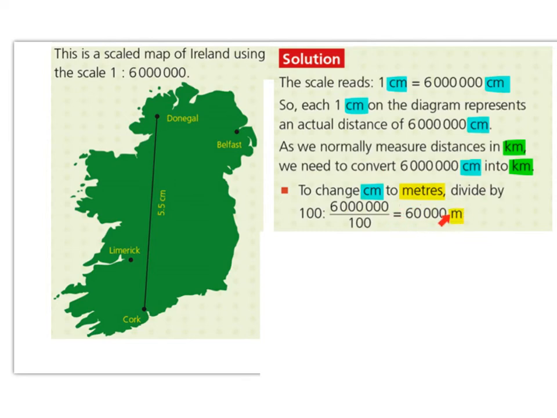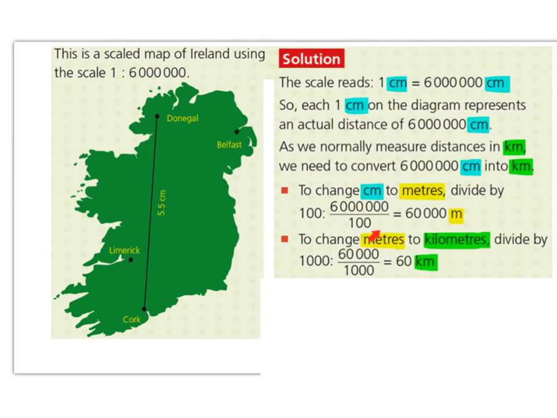Now we need to change from metres into kilometres. So to change from metres into kilometres, we divide by 1,000 because there's 1,000 metres in a kilometre. So 60,000 metres divided by 1,000 is 60 kilometres. So 1 centimetre on our map is actually 60 kilometres in real life.